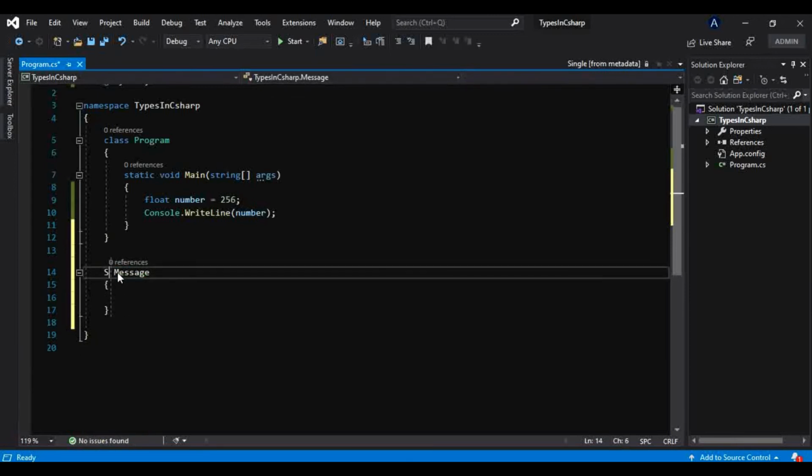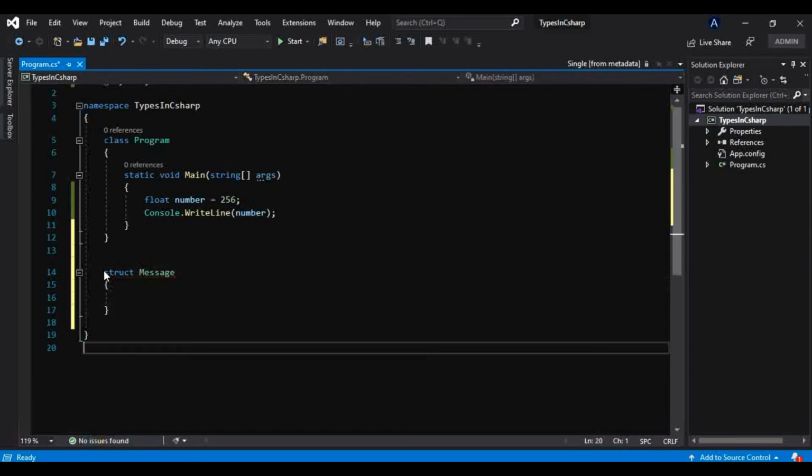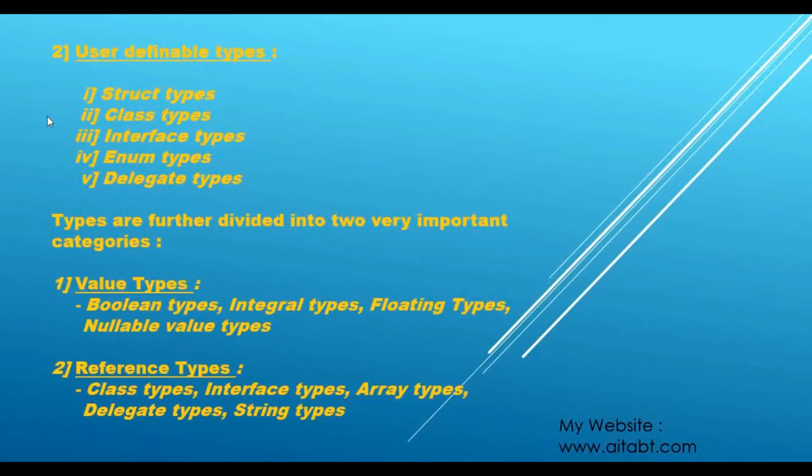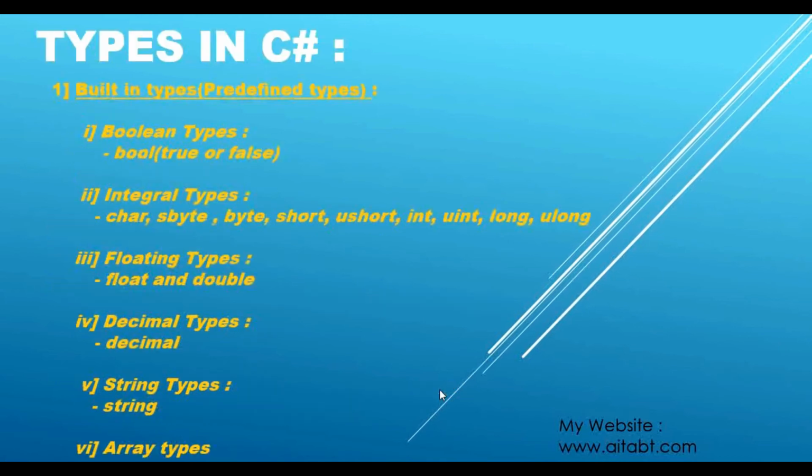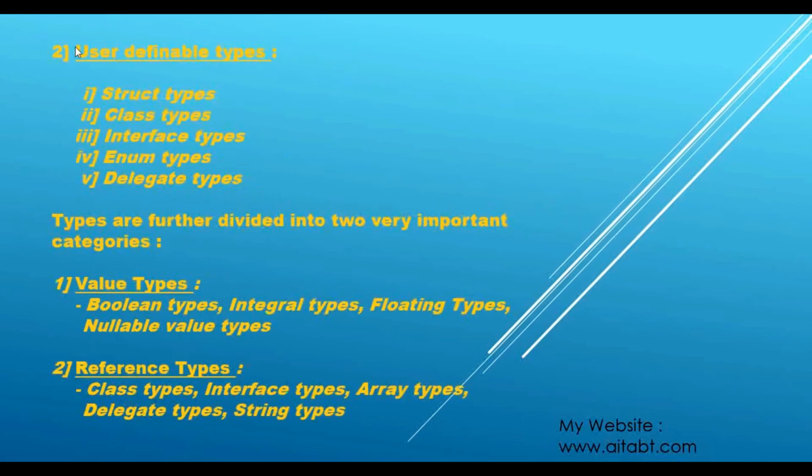We can do something like this as well. We can define a structure as well, and that is why they are called user definable types. This delegate we can also define, this interface, enum, class, but these built-in types we cannot define in C#. That's why these are called user definable types.